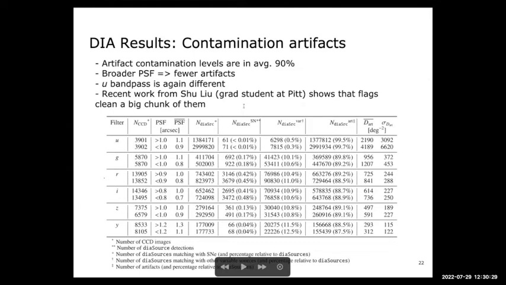Also, recent work in DESC from Xu Liu, a graduate student at Pittsburgh, has been showing lately that the flags that the pipeline already calculates are very good at filtering this. So we expect that a simple machine learning implementation can at least get rid of the obvious ones.